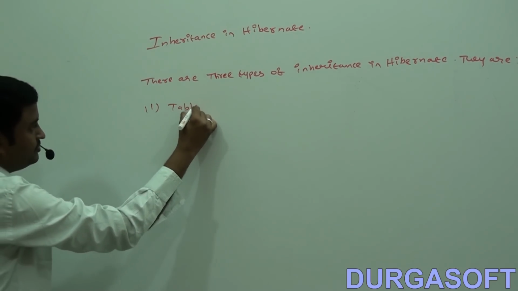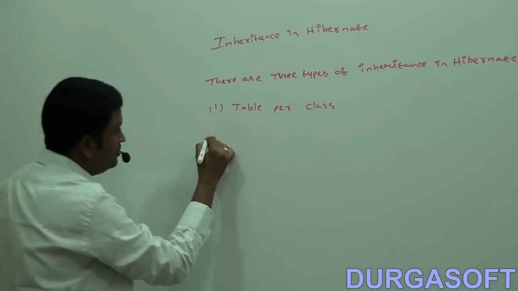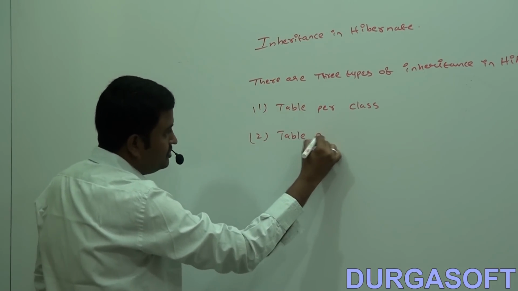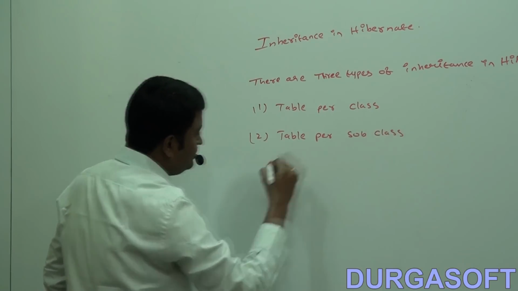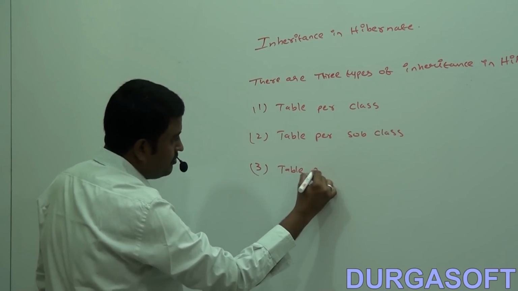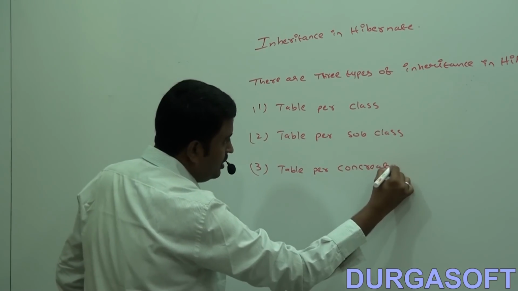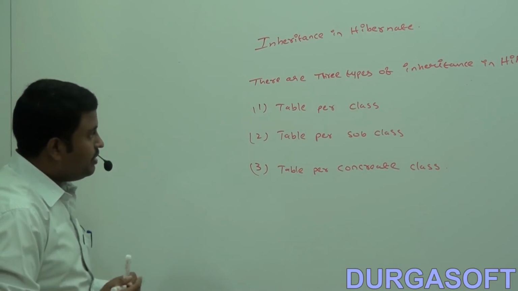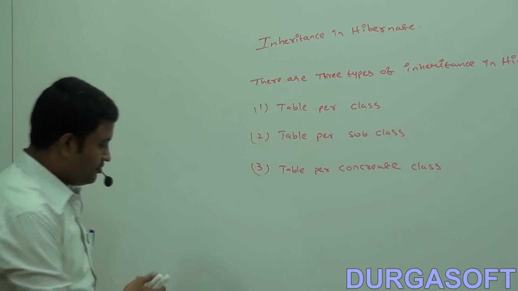Table for class, second, table for subclass, third, table for concrete class. So in Hibernate we implement these three types of inheritance.